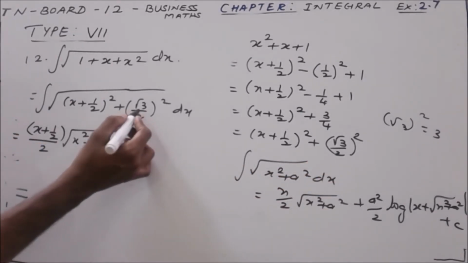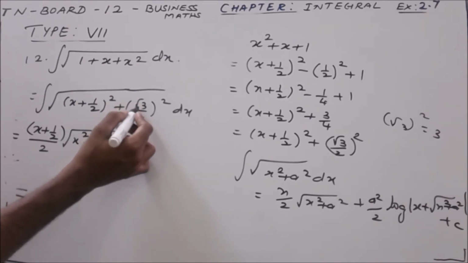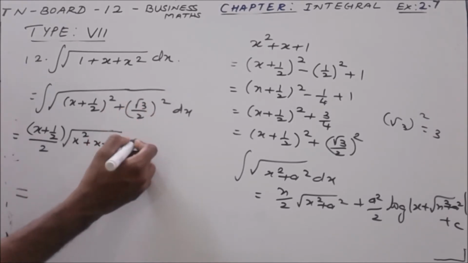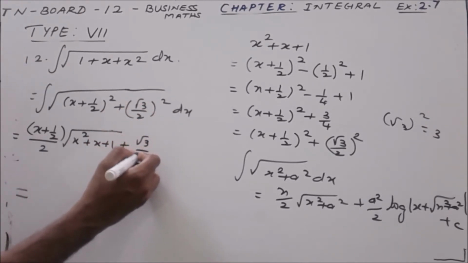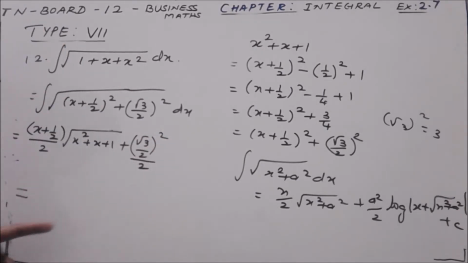What is a square? Root 3 by 2 is a, so a is root 3 by 2. A square, when squaring, we have root 3 by 2 whole square, a square by 2, divided by one more 2. This is a square by 2.